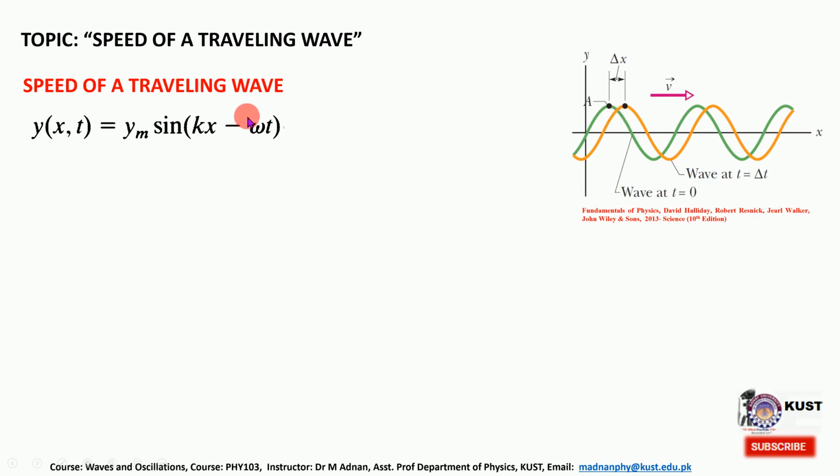Now, to calculate the speed of this sine wave traveling in the positive x direction with the velocity v, here are just two snapshots taken at two different times.